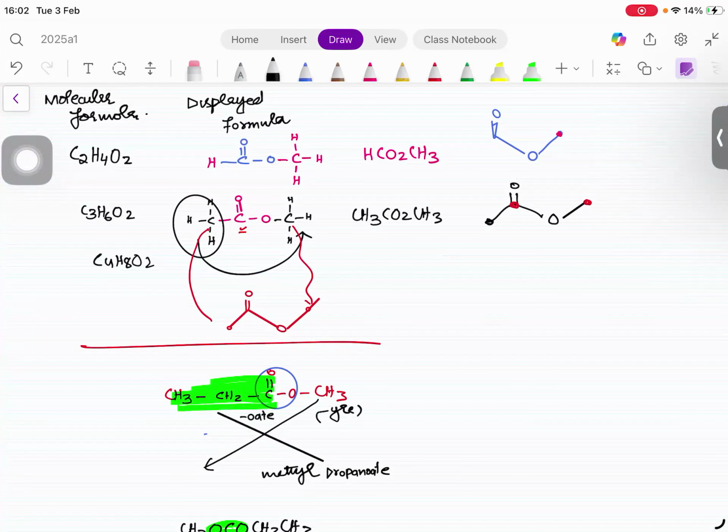Okay, next. The next functional group is nitriles. Nitriles are the organic compounds with functional group CN.